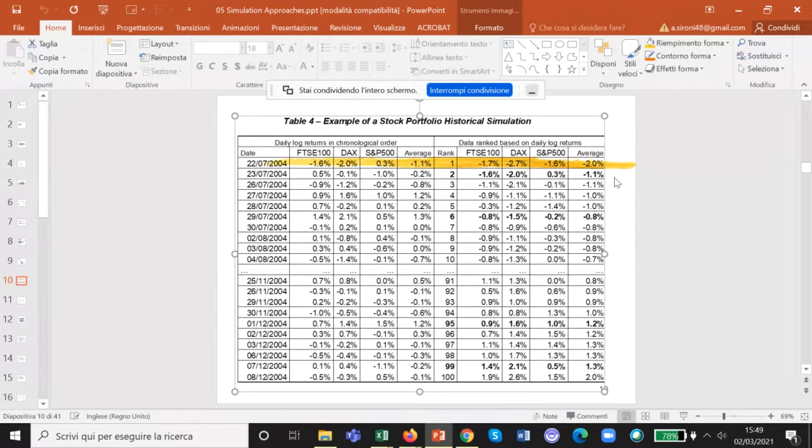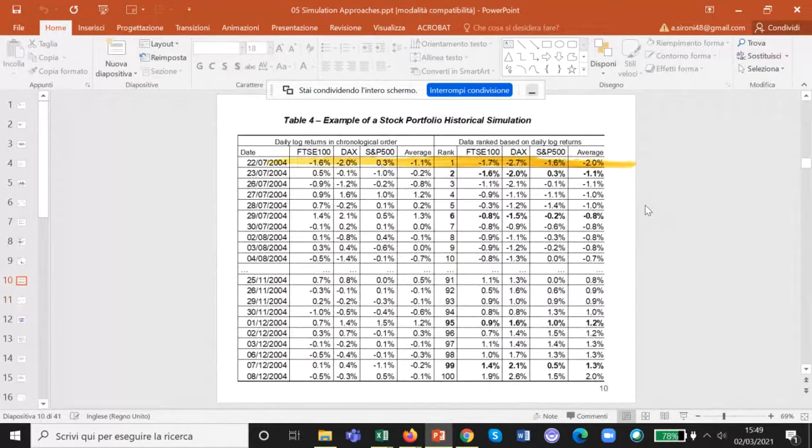In that case, you cut the distribution at the other side, and you would get 1.3%. Okay. If you want 95% value at risk with 100 historical returns, you take the sixth worst, which is minus 0.8%. Only 5 times out of 100, you would have lost more. Okay.